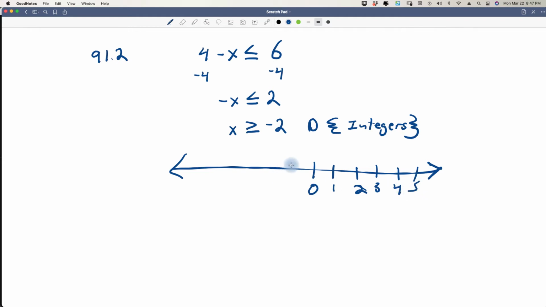And this is -1, -2, -3. This is as far as we need to go. All right, so if x is greater than or equal to -2, then it's equal to -2. So we can graph -2. We can graph -1. We can graph 0. We can graph 1, 2, 3, 4, 5. And then we want to graph this little arrow down here. Just fill it in so we know we're going this direction.